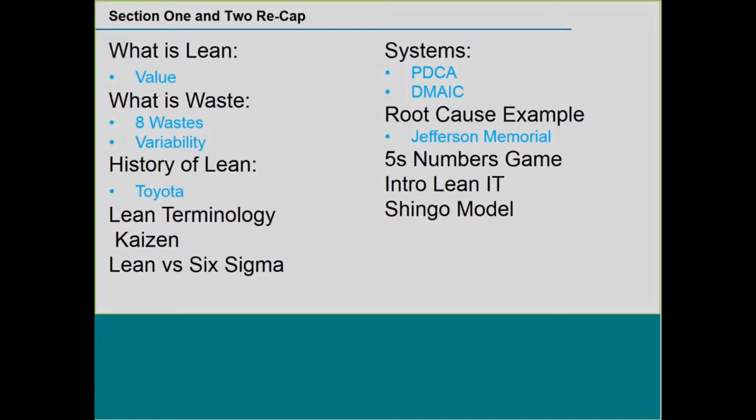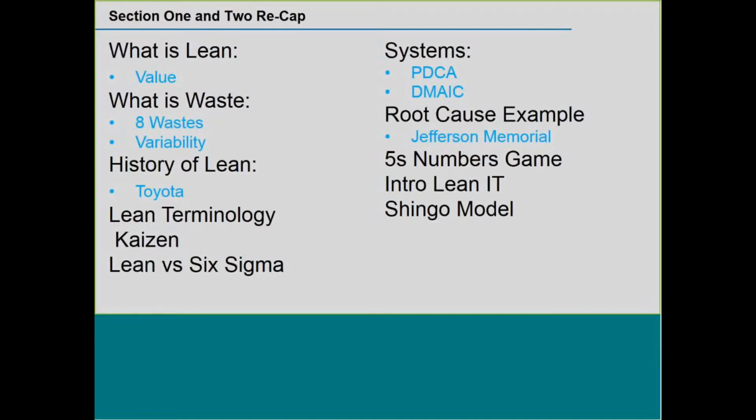We dove a little bit into the history of lean, talked some about Toyota, learned some lean terminology, saw an example of a Kaizen event taking place, and compared lean versus Six Sigma. In Section 2, we reviewed the 2 key lean methodologies: PDCA, Plan, Do, Check, Act, and the DMAIC methodology: define, measure, analyze, improve, and control.